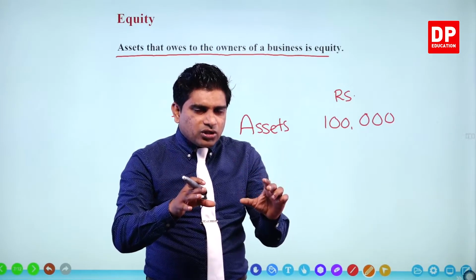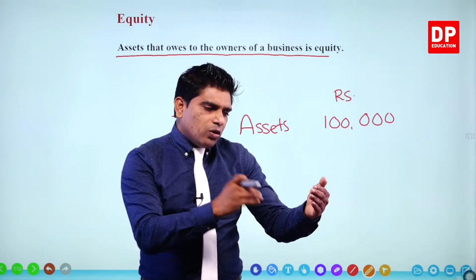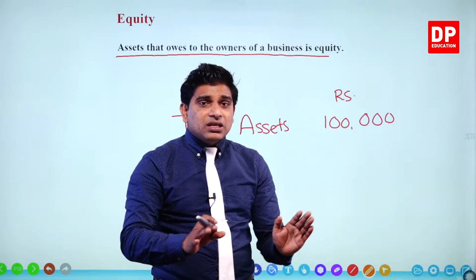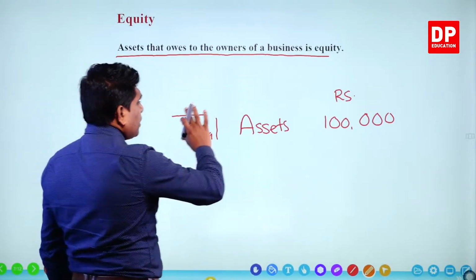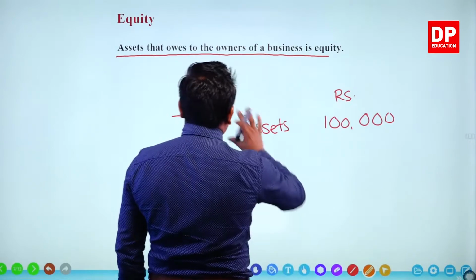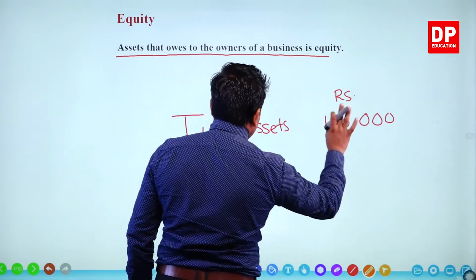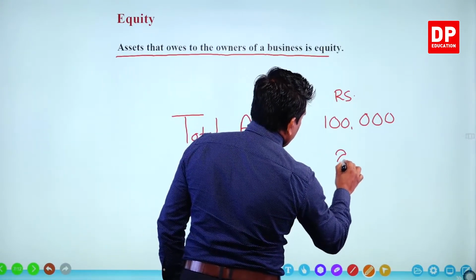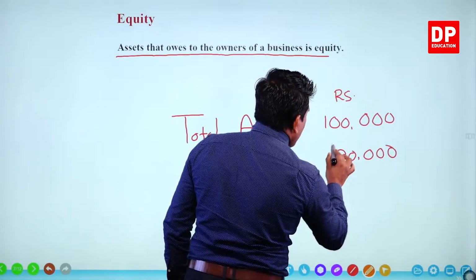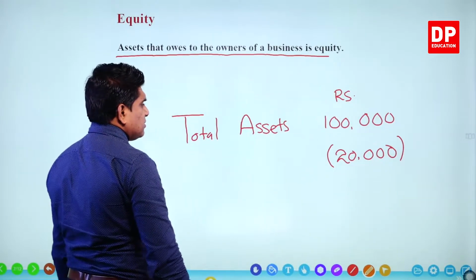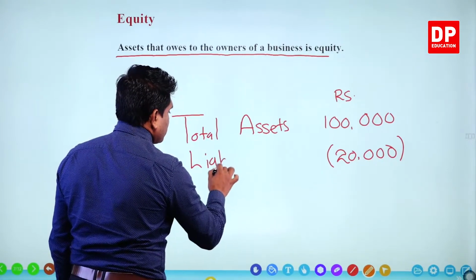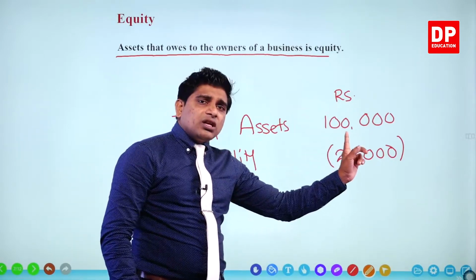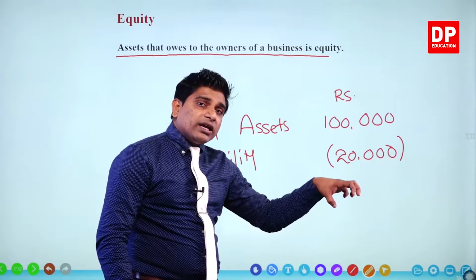Now that 20,000 is inside the business, and when you count all the assets, you take that 20,000 also. But now you tell me, even though your assets value 100,000, how much is owed to you? There are 20,000 rupees that you have taken as a liability. This 100,000 already included the money that you have taken as a loan.